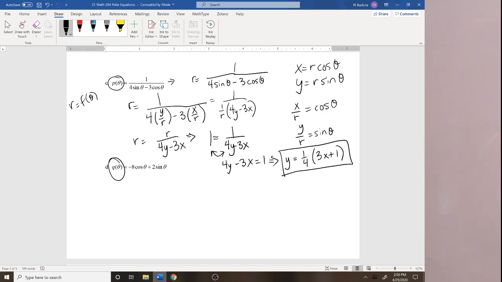So guess what? That there is also the equation of a line, one with a slope of 3/4 and an intercept of 1/4.